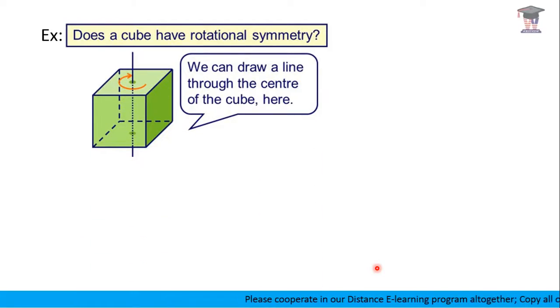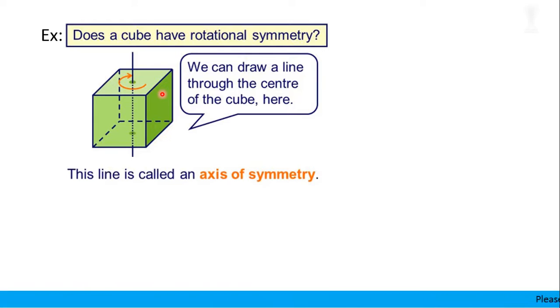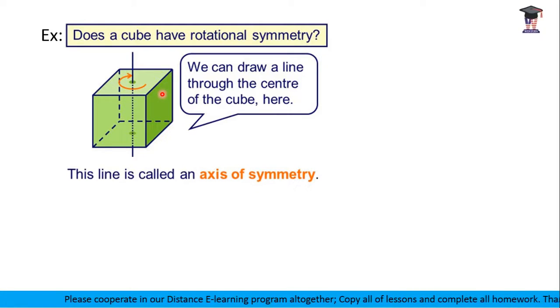Okay, we can draw a cube and then draw a line through the center of the cube like this. So we can rotate it, right? So the answer is yes, because it has a line of symmetry.